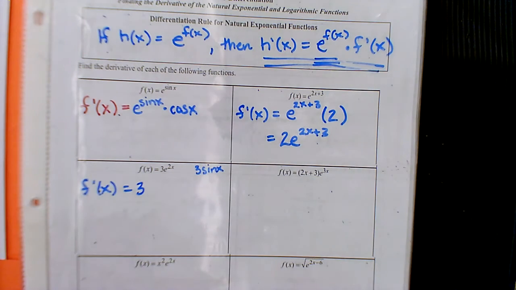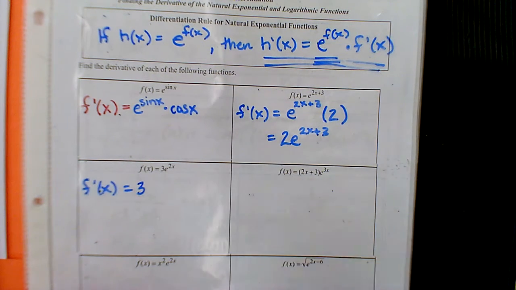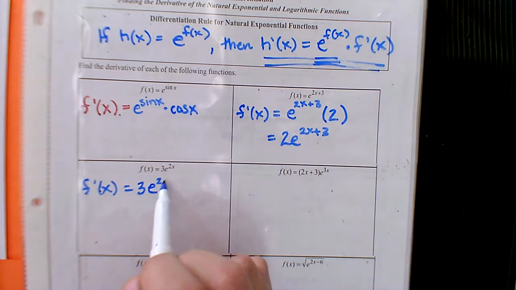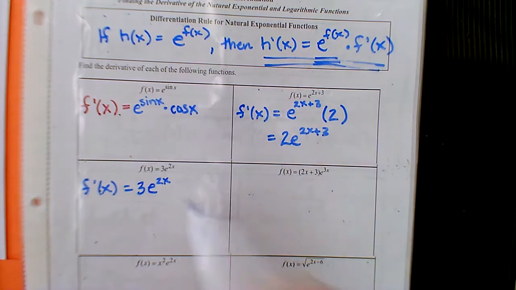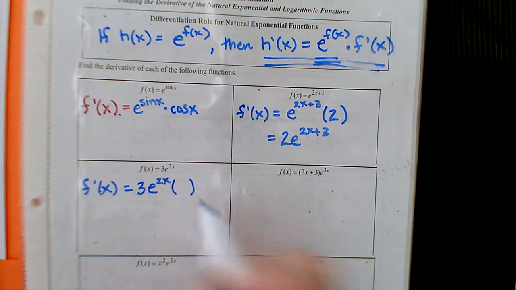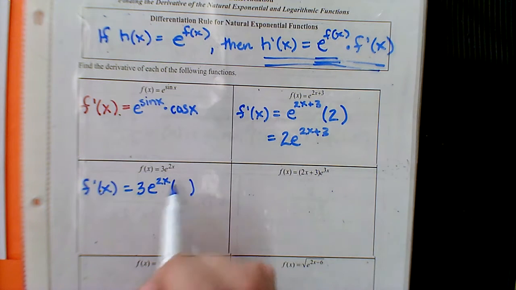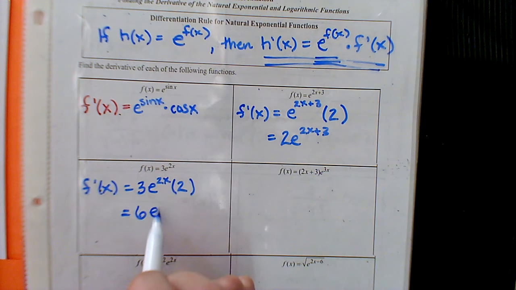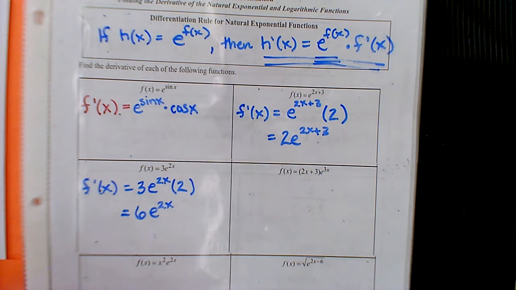You just keep it. So we really just have to figure out the derivative of e to the 2x. So the derivative of e to a power is simply e to the power, but you got to multiply by the derivative of that power, which would be 2. So if we clean that up, we can do 3 times 2, which would give us a new coefficient of 6.